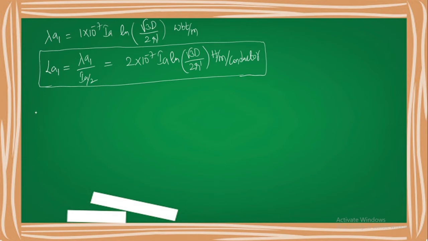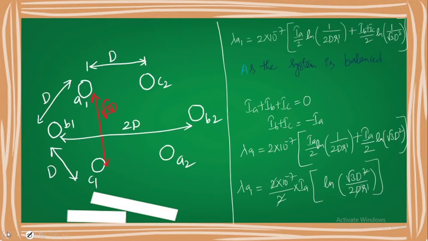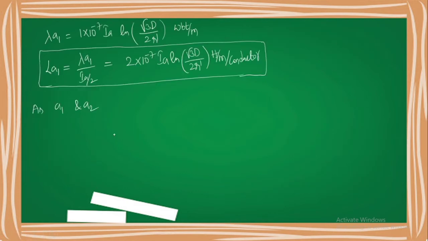Now as A1 and A2, if you observe the diagram, finding the inductance of A1 is the same as finding the inductance of A2, right? If you use the same analysis which I have used just now to find the inductance of conductor A2, you will get the same value, because it is a symmetrical spacing.